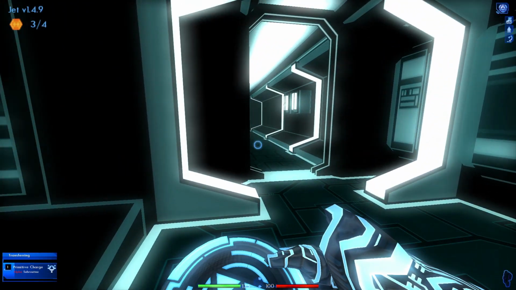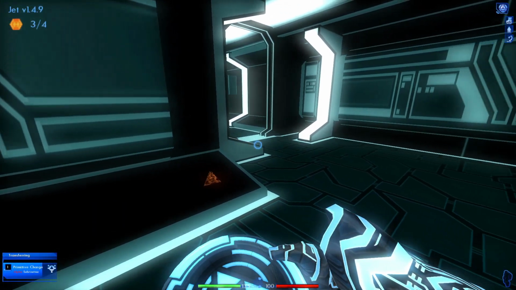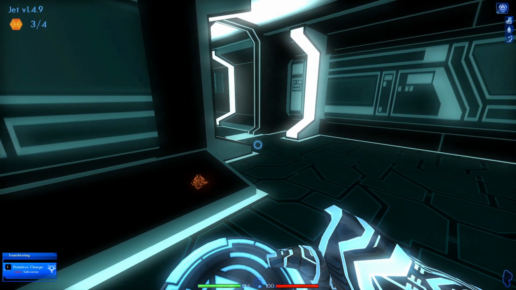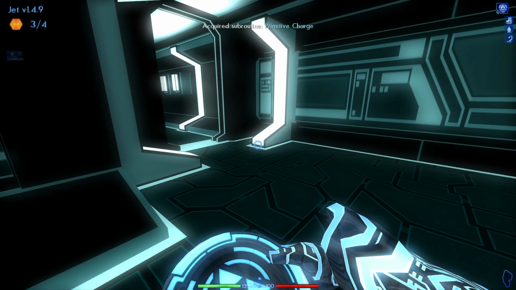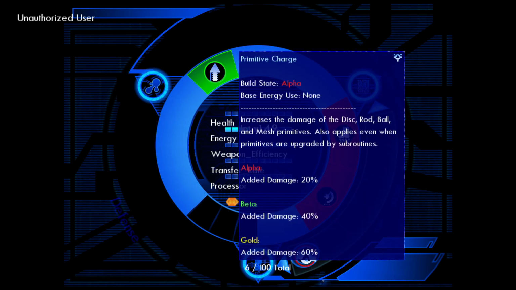Usually not that good of a shot. Primitive charge. That's actually one of my favorite subroutines. Okay, so primitive charge. It is an alpha state, costs no energy, and increases the damage of the disc, rod, ball, and mesh primitives. The mesh primitive, as far as I know, is the blaster that we could have picked up earlier. Also, in case you are worried, we did not really lose it.